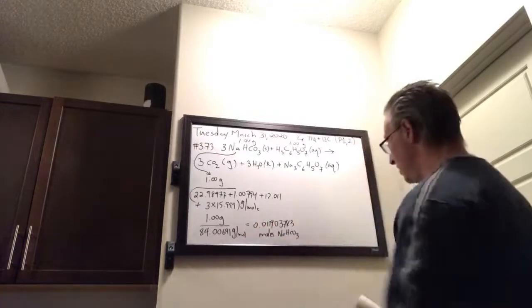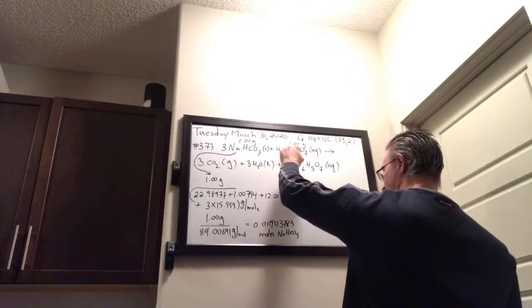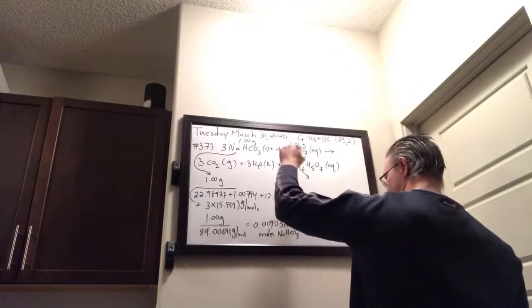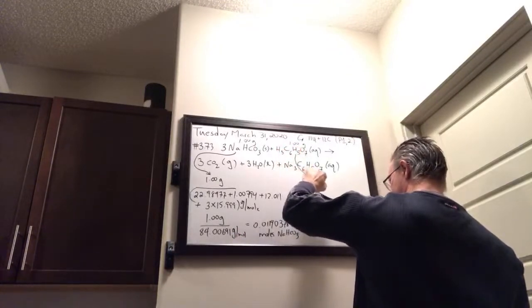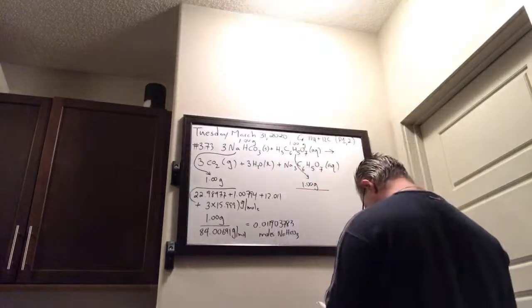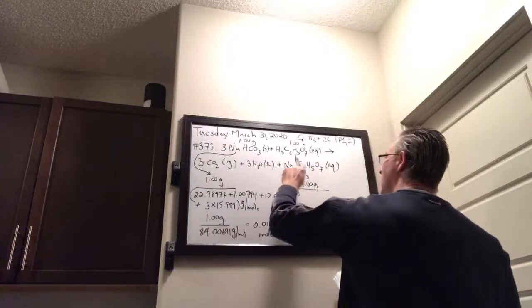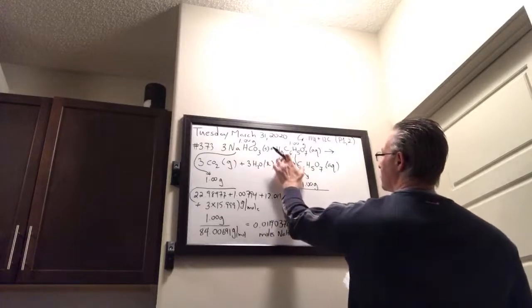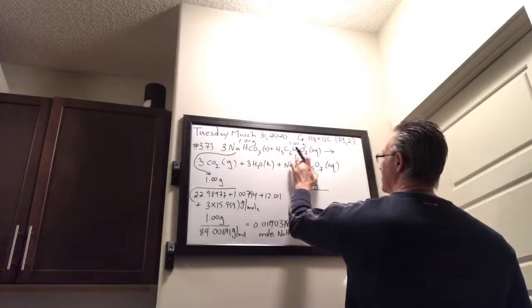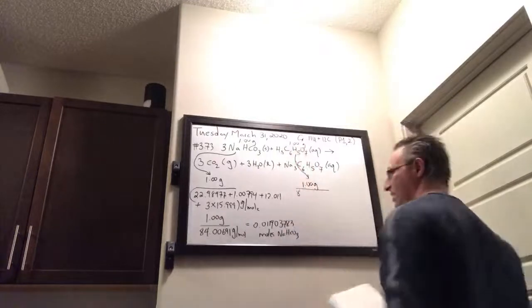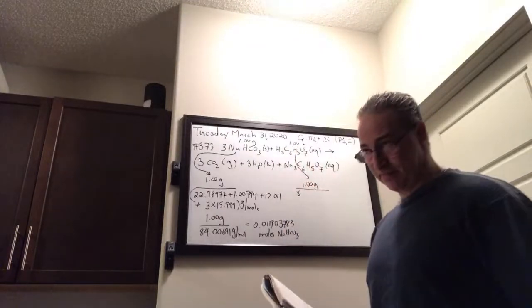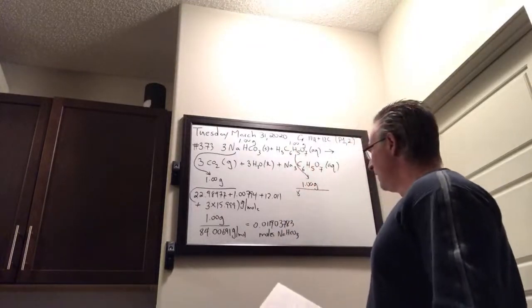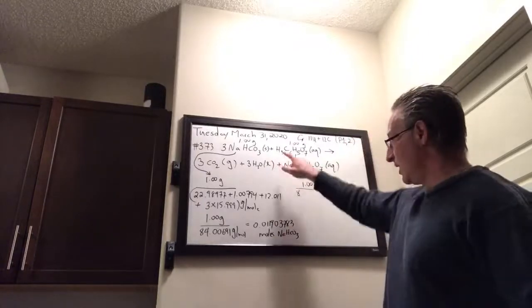Okay, so we'll do the same calculation for this one over here. So 1 gram divided by 8 times the hydrogens. So there's 3 hydrogens and 5 hydrogens. They write it that way because citric acid is an organic acid. It has 3 labile protons.